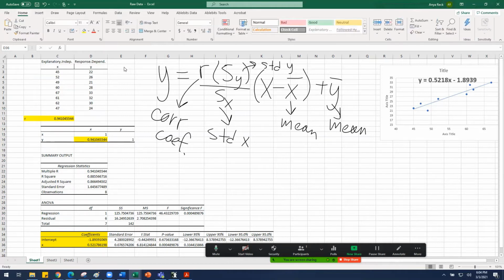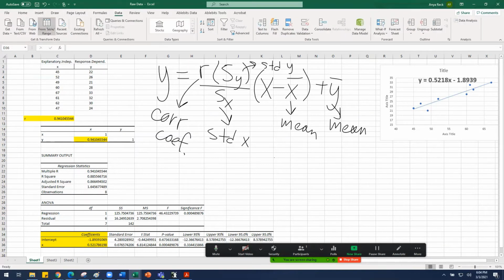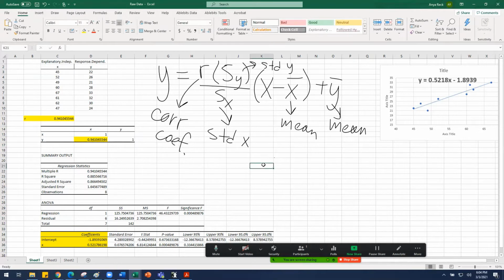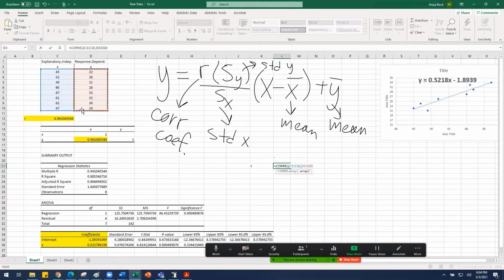So we can find those values in Excel. I am going to click an empty cell. We already found R, but we'll do it again. R is equal to the correlation of X column, comma, Y column.